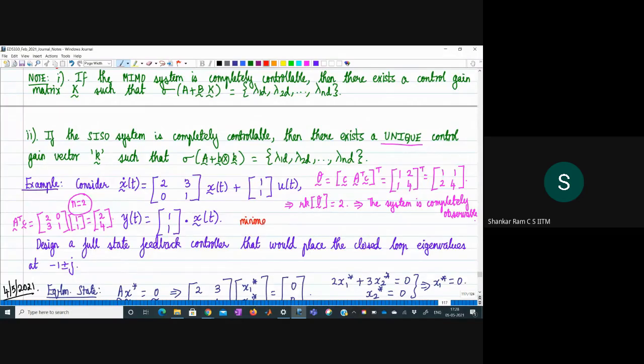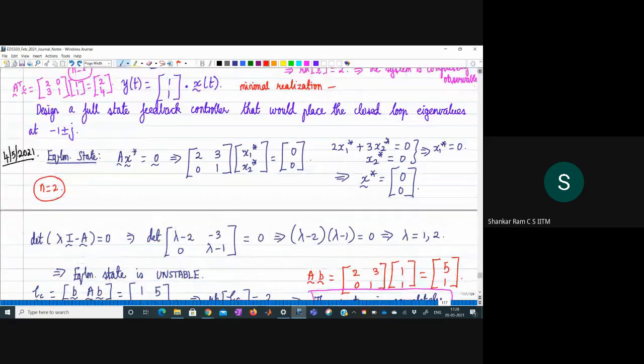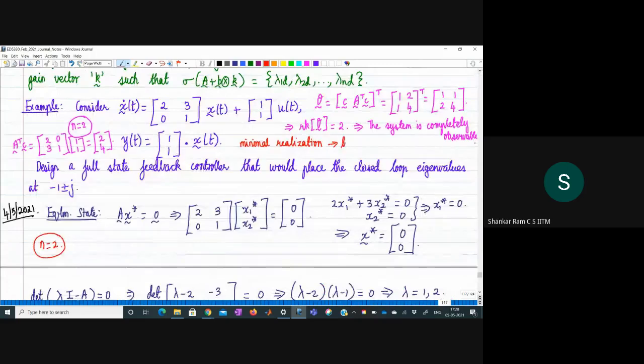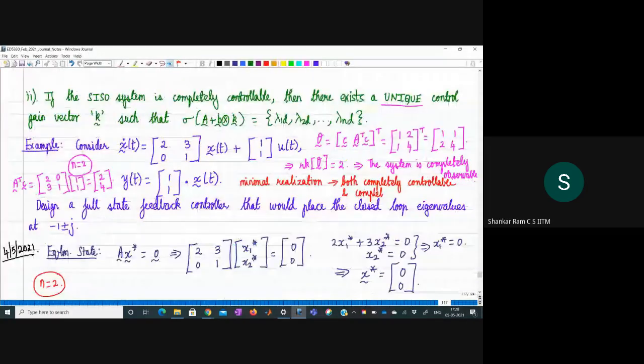When we initially started discussing state space, I told you that later on we will learn what is called a minimal realization. A minimal realization is something which is both completely controllable and completely observable. Why does it become important?